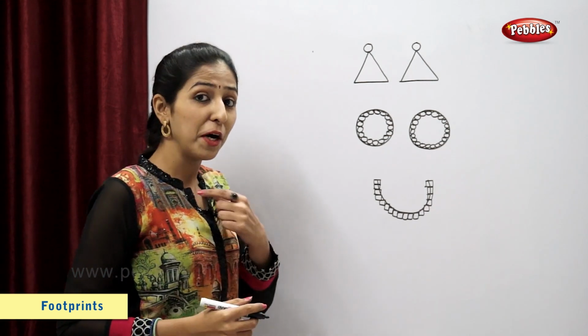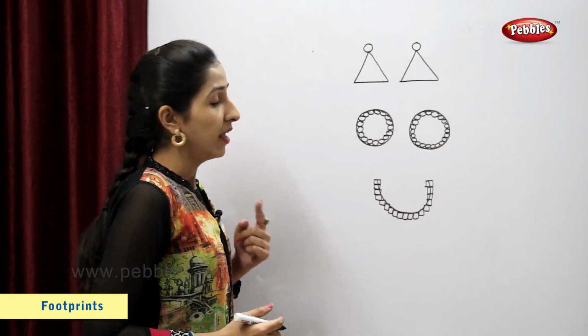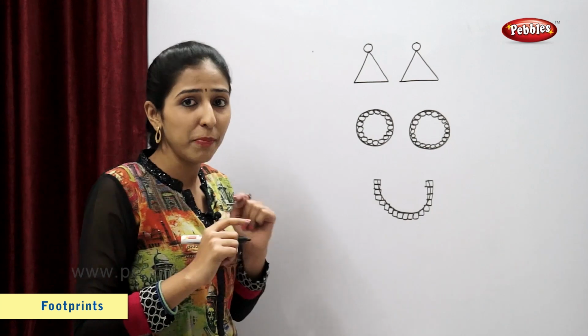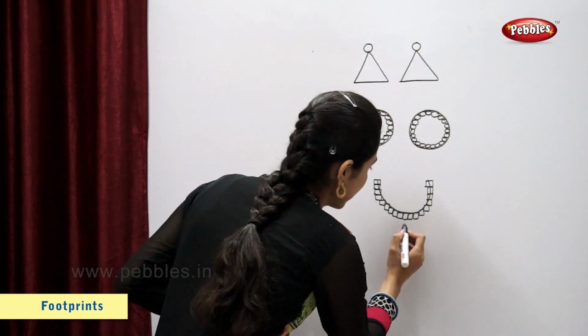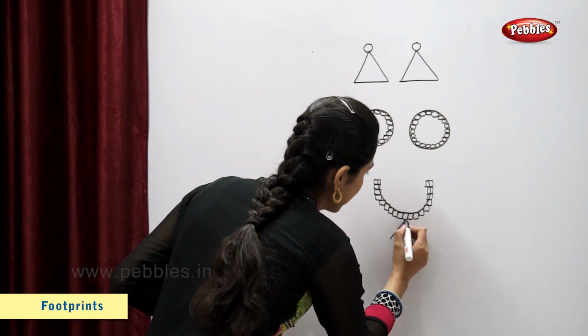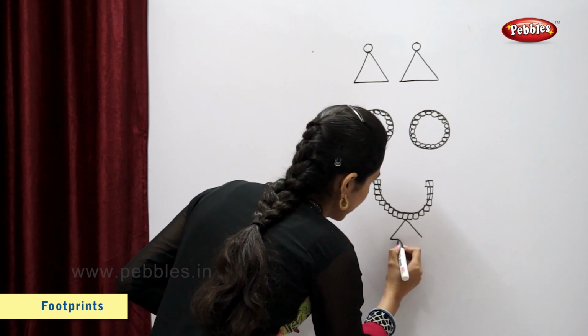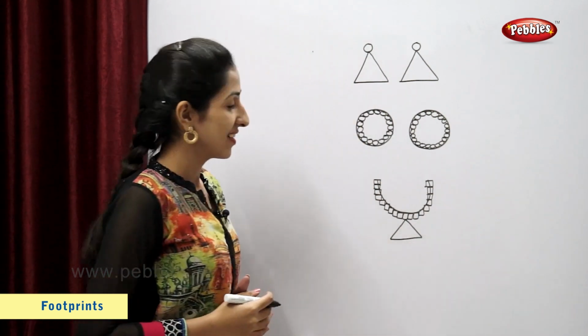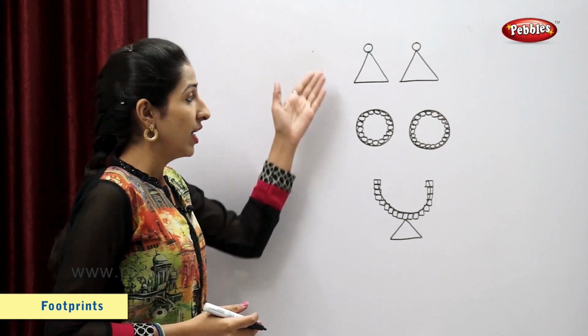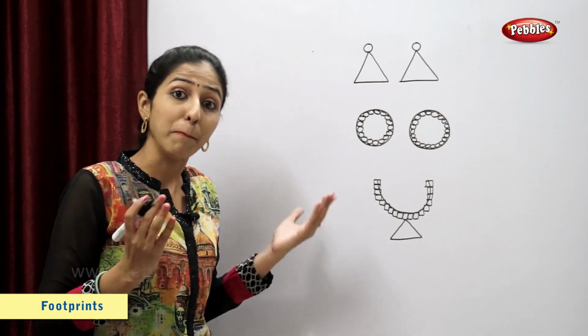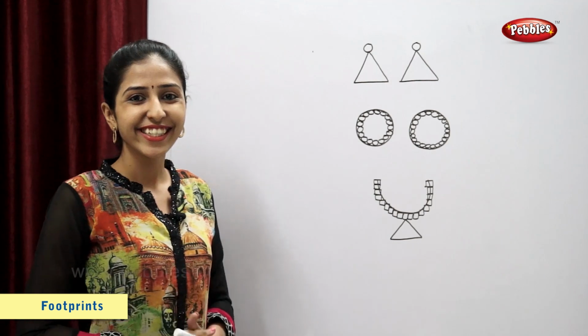Now let's make a pendant. I will make a triangular pendant. So, different jewelries using basic shapes are ready.